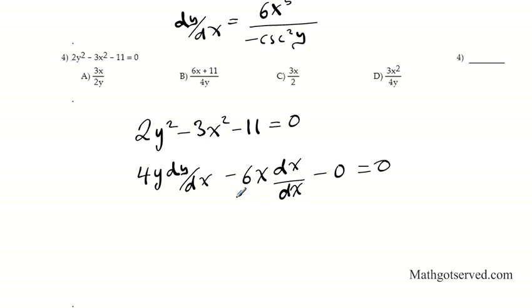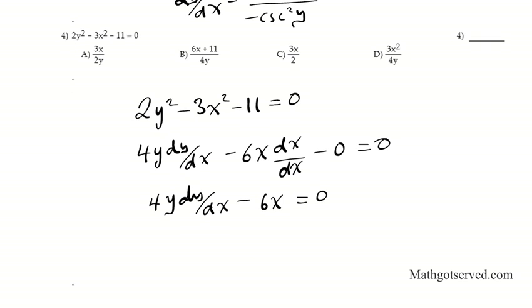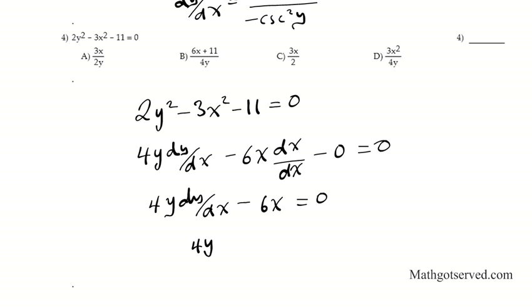So the goal here is to isolate dy/dx. So let's simplify this a little bit first. So we have 4y dy/dx minus 6x equals 0. If I add 6x to both sides, I'll have 4y dy/dx equals 6x. And then divide both sides by 4y.